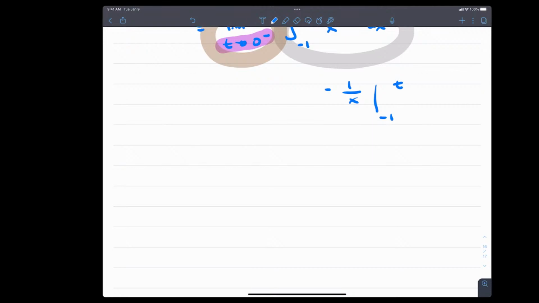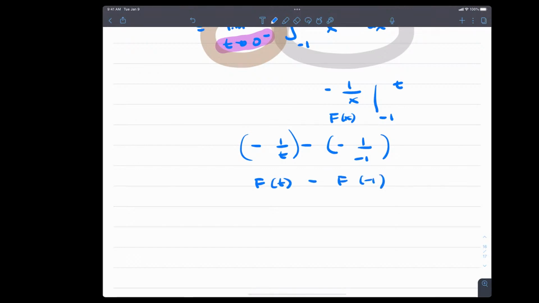And use your limits now. So that's going to be negative 1 over t minus, be very careful with this stuff, ladies and gentlemen, notice what I did here. That's big F of x. I find it helpful sometimes to do what I'm showing you here, because you've got a bunch of negatives, you can leave one off, and it's irritating.